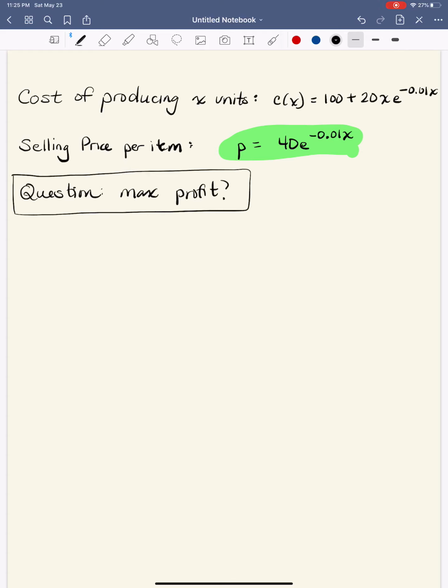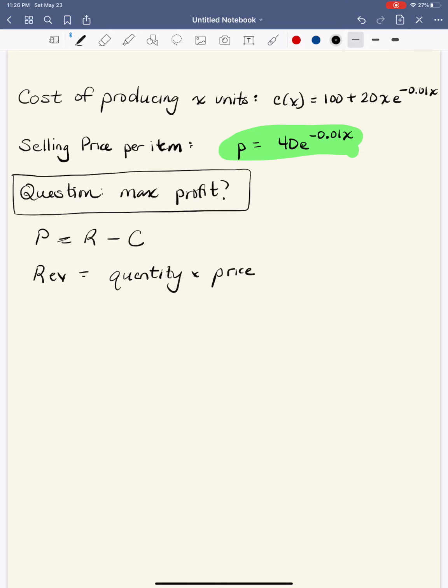So remember that the first thing is that profit, capital P, is equal to revenue minus cost. And the missing piece here is that we don't have revenue. But remember also that revenue is equal to quantity times price.